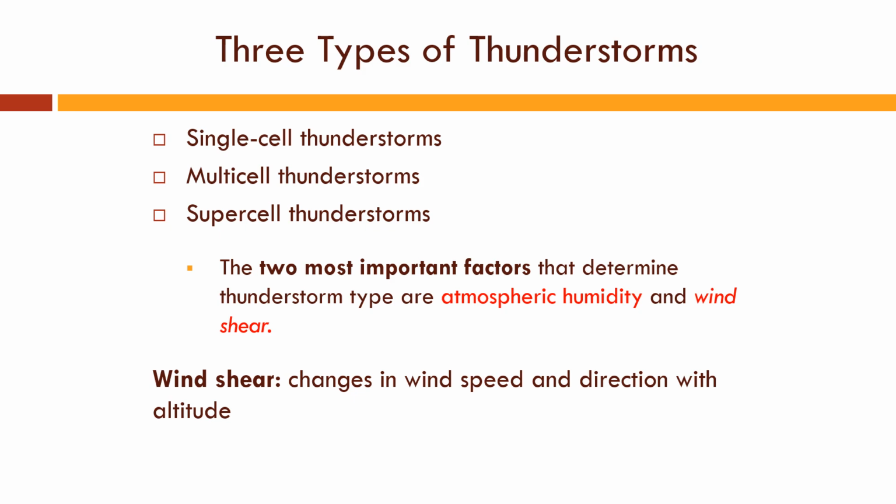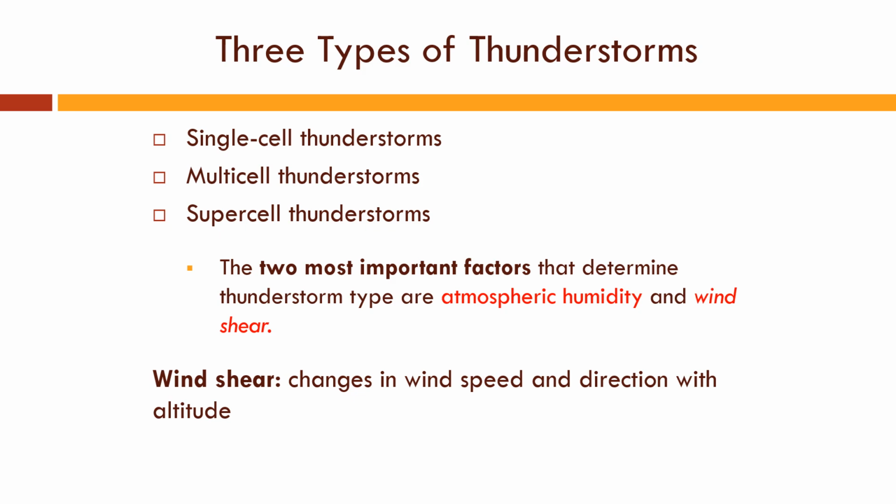You may not be familiar with the name wind shear. What that means is changes in wind speed and direction with altitude. We could be talking about wind at the surface moving in one direction and wind above it in successive layers moving in different directions. They could be moving at very different wind speeds.